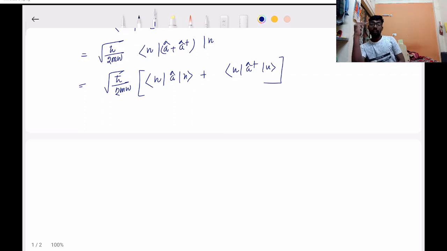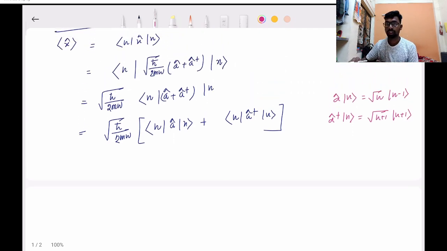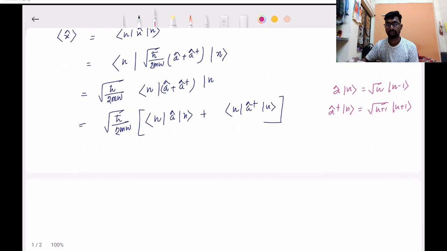So now we apply this: the lowering operator acting on the nth state gives √n |n−1⟩, and the raising operator acting on the nth state gives √(n+1) |n+1⟩. Is it right? We get this type of result actually.